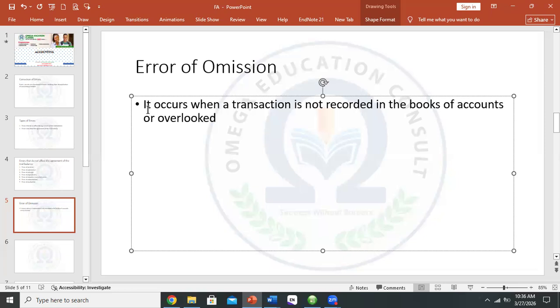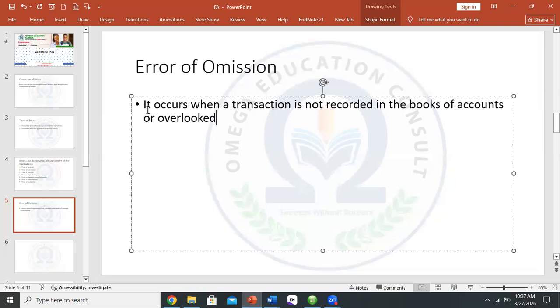So example, sold goods to Kwame, 10 million Ghana cedis, was not recorded in the books. Or if you meet an examiner who is very benevolent like myself, they will say, was not recorded in both the sales account and Kwame's account. So the idea is that it was not recorded at all. So there was no debit, there was no credit.